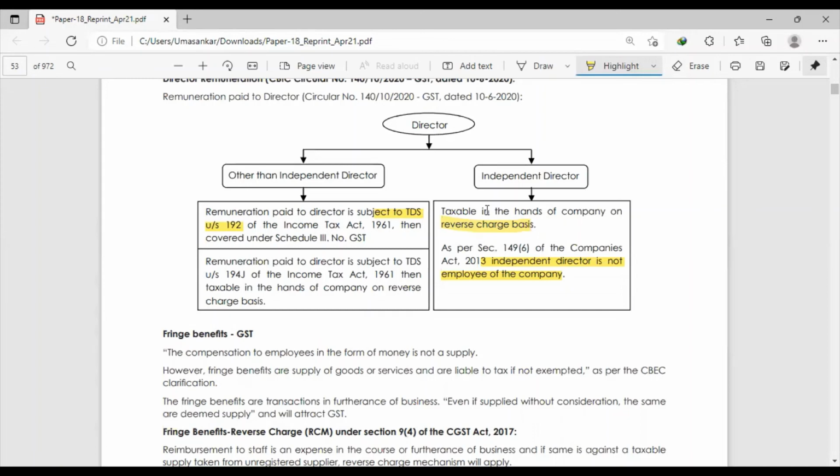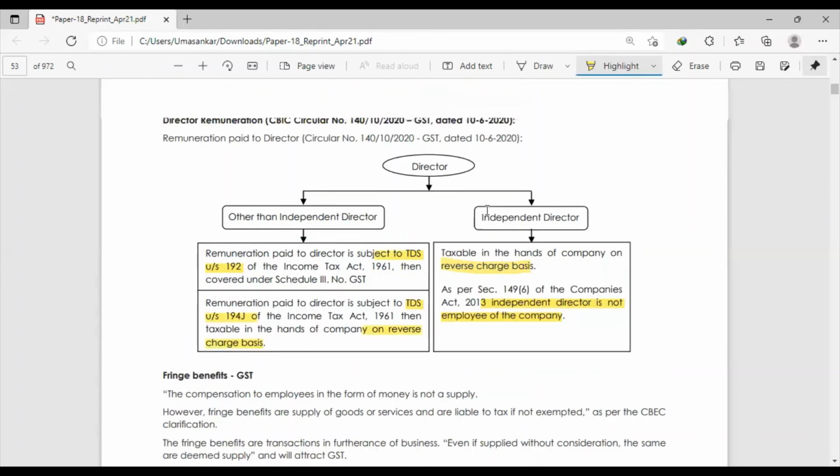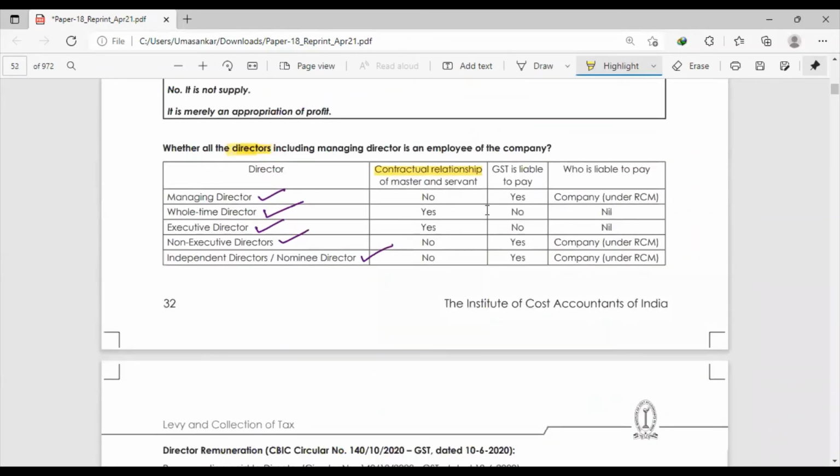So if there is an employer-employee relationship, then it will not be supply and no GST. But if remuneration paid to the director is subject to TDS under section 194J, J means professional services, that means it is a contract only. Then it is taxable and it will be paid on reverse charge. If you remember this table, it will help you. Okay.